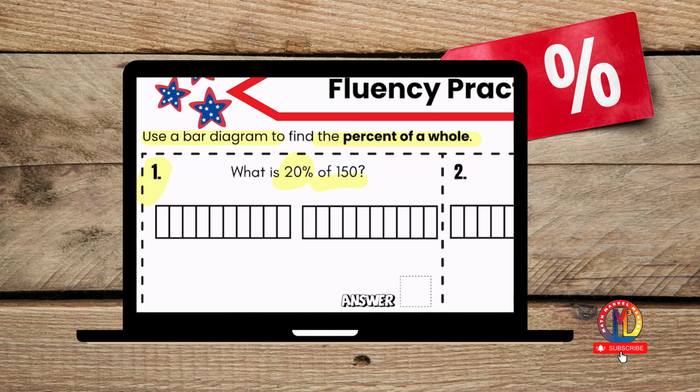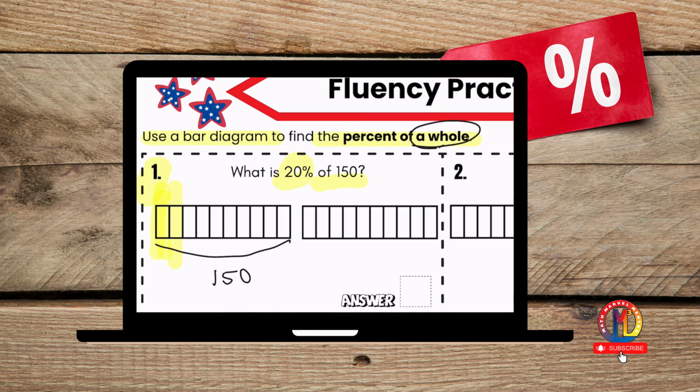So remember, this 150 is the whole amount because we're doing a percent of a whole. So this whole entire bar is going to represent 150. And I want to know what 20% of that would be. So since percentages are out of 100, 2 of these bars would represent 20%.